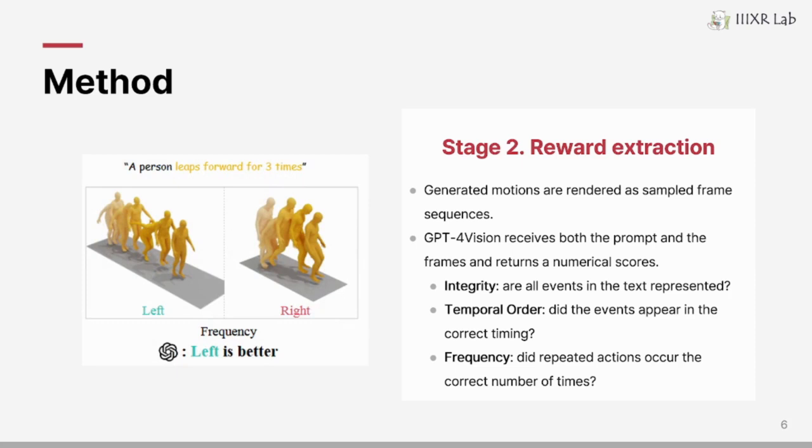And finally, the third is frequency, which asks: do repeated actions occur the correct number of times? GPT-4Vision is guided to reason across both visual and textual information and outputs a numerical score for each of these dimensions. These scores form the basis of the learning signal in the next stage.